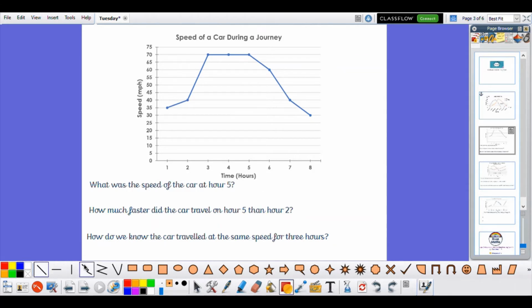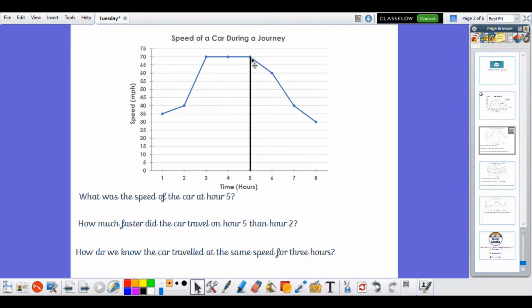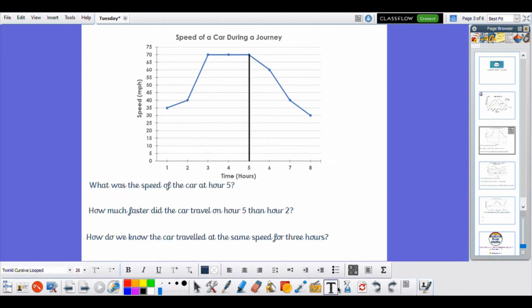So I'm going along to 5, and then I'm going up to the point for the 5 data point. I can see that the point that's been given to 5 is 70. So the speed that it travelled was 70 miles per hour.